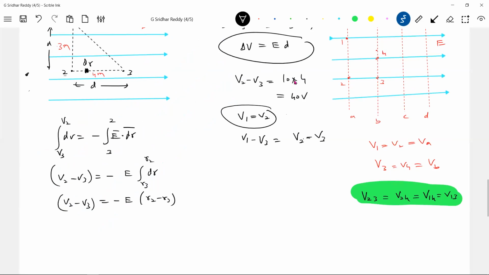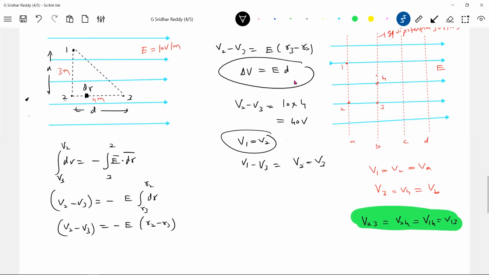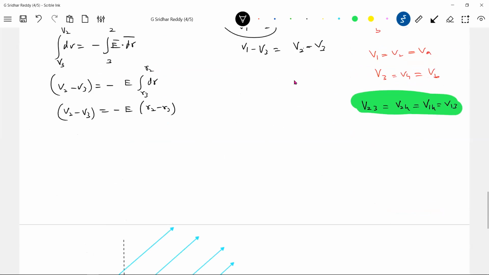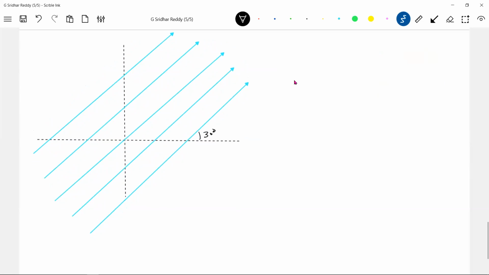If you say integral from 3 to 2, it means you're moving from 3 to 2, that is the meaning of the limits. The magnitude of the electric field, let it be 6 volt per meter.